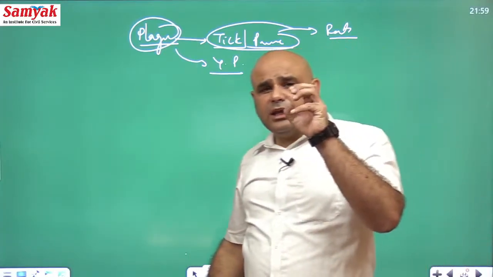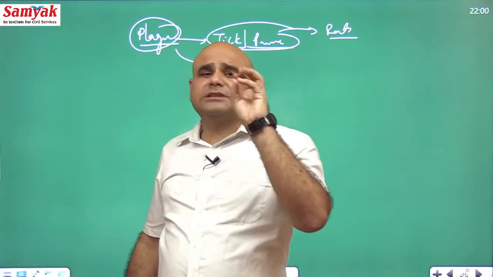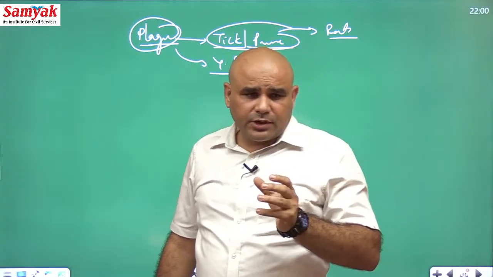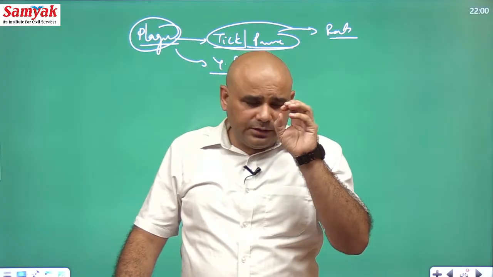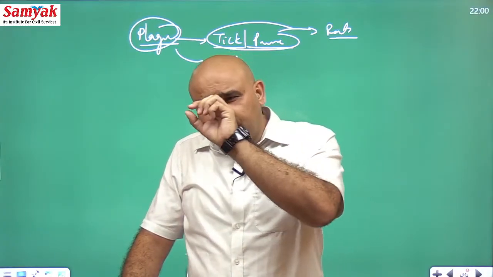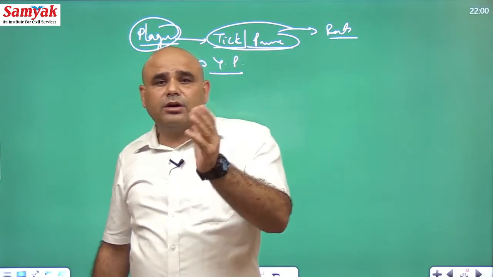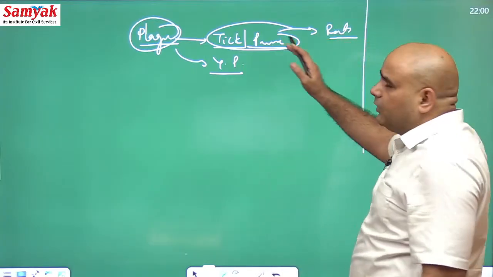Rodents means any animal which is habitual to eat up things just to keep their teeth in shape, what we call kutarna. So rodents or rodenticides are used to control the population of rats.